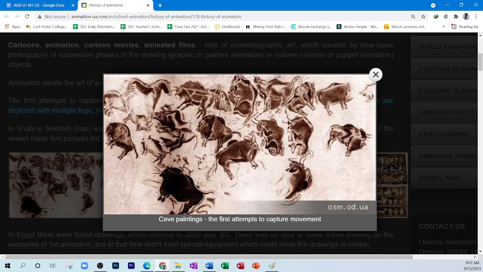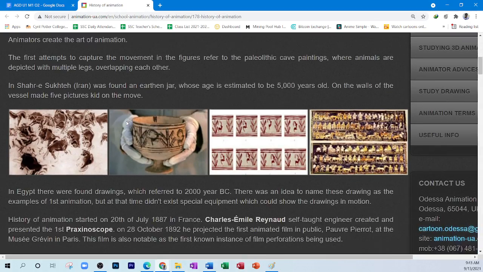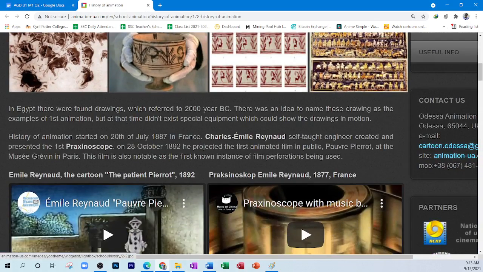So I'm assuming these smaller strokes here are because they would have needed a way to differentiate, or maybe even how they would have positioned the legs itself. That would have given the perception of movement.